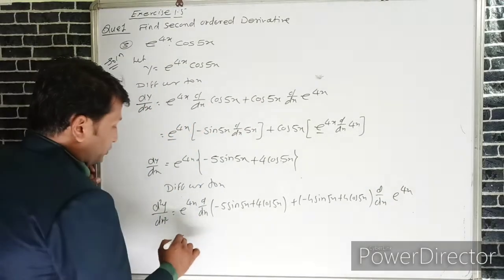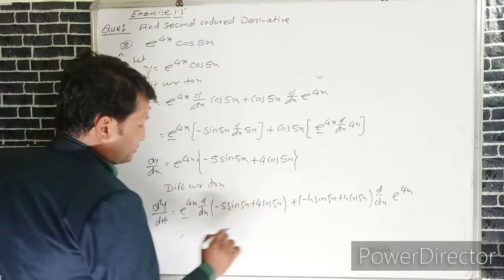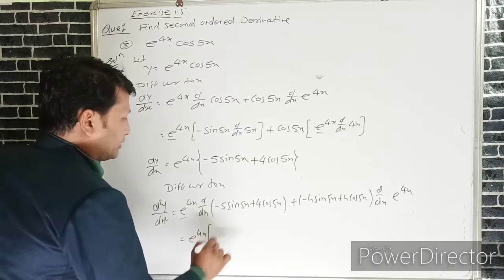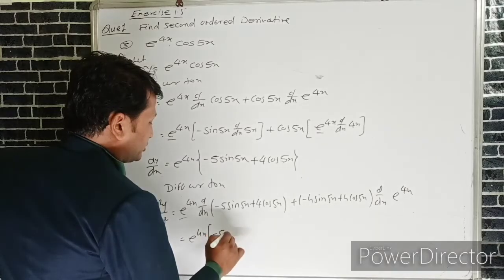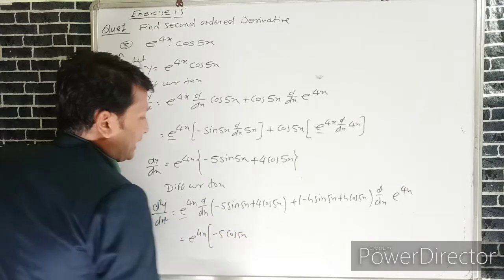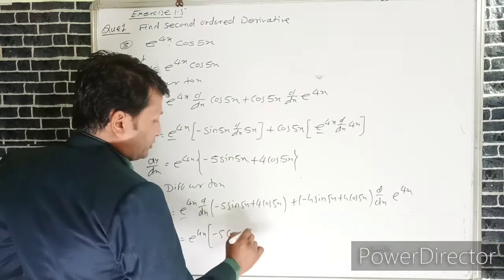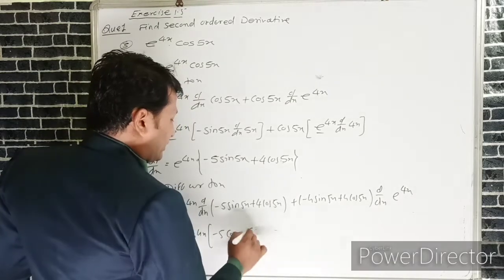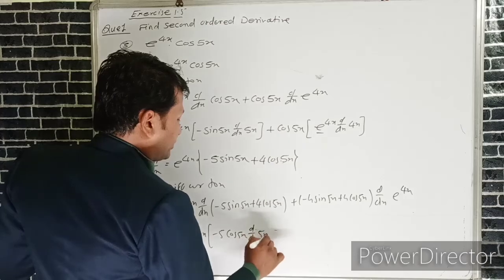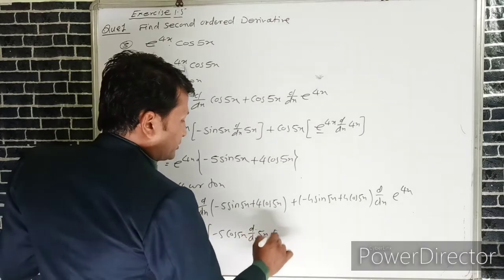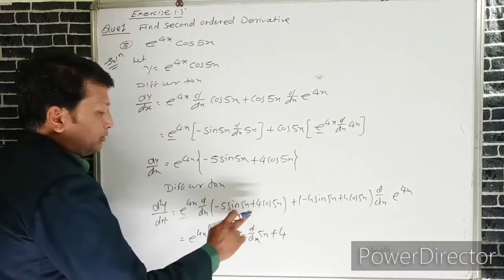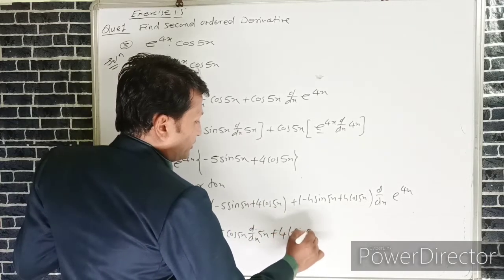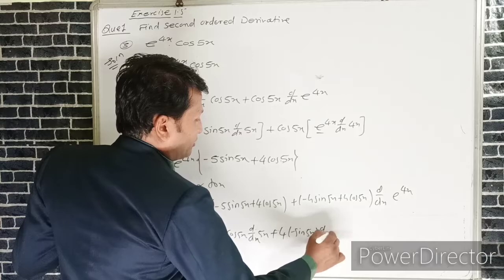So e to the power 4x stays as it is, the derivative of minus 5 constant sin 5x is cos 5x, and the derivative of 5x again, which is 5, plus 4 into the derivative of cos 5x, which is minus sin 5x, and we take again the derivative of 5x.